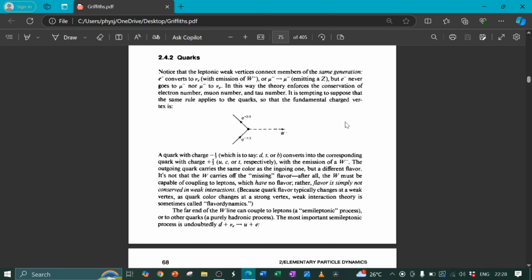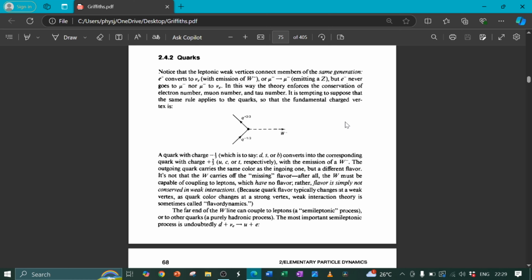The outgoing quark carries the same color as the ingoing one, but a different flavor. It's not that the W carries off the missing flavor. After all, the W must be capable of coupling two leptons, which have no flavor.